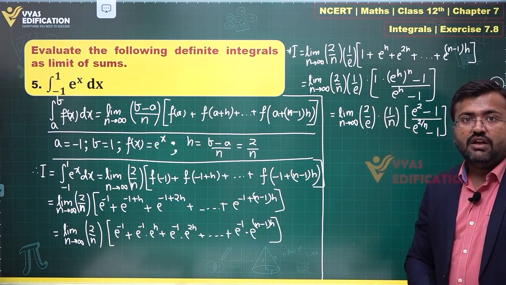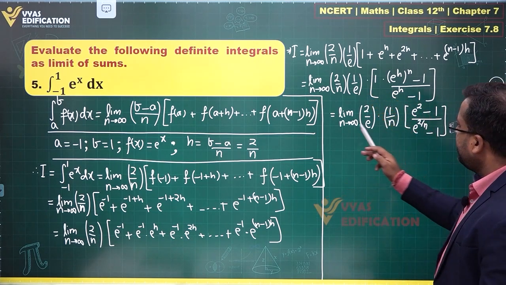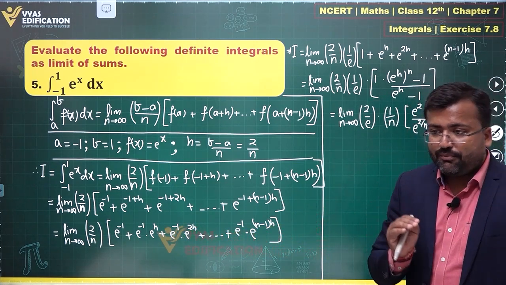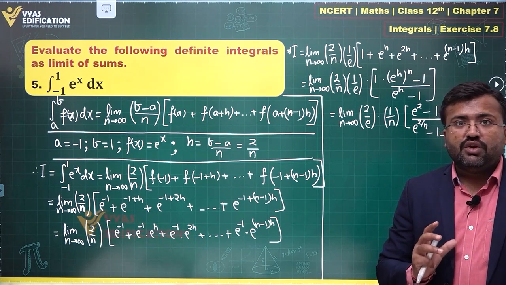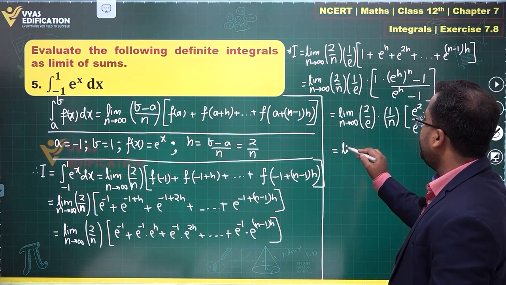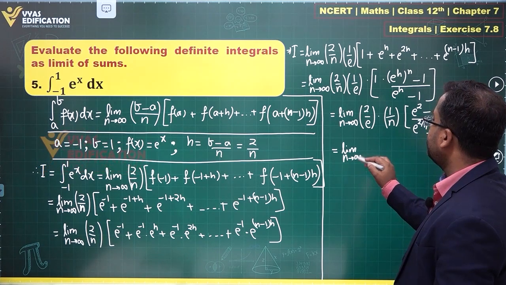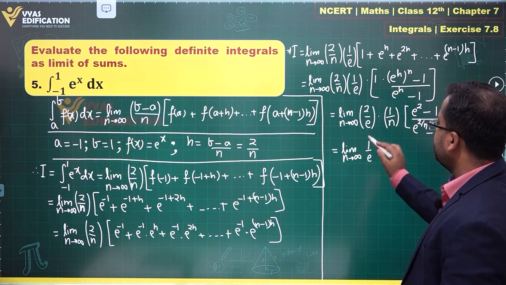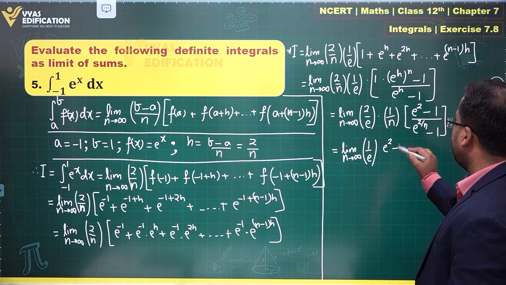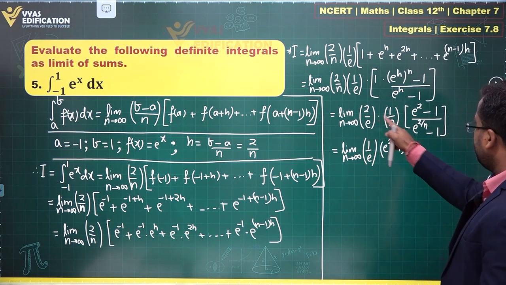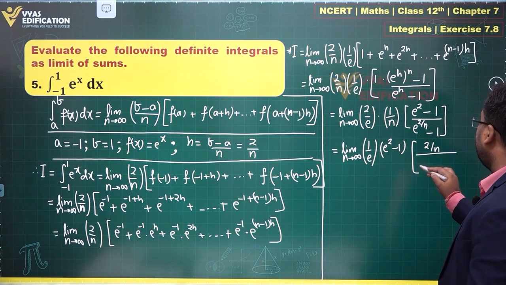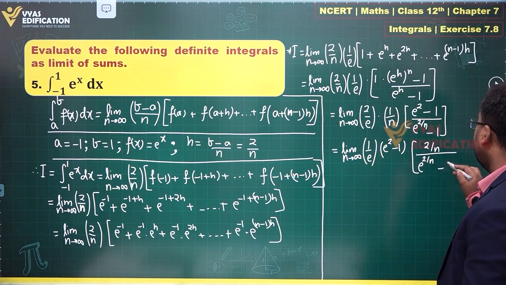Now observe, e power 2 by n, because n tends to infinity, 2 by n goes to 0. So e power 0 minus 1 upon 0 is what is required for evaluating the limit. So the limit as n tends to infinity, let it remain as it is. The 2 by n, okay, e square minus 1 is also brought out, and the 2 by n is given to this square bracket. This becomes 2 by n upon e power 2 by n minus 1.